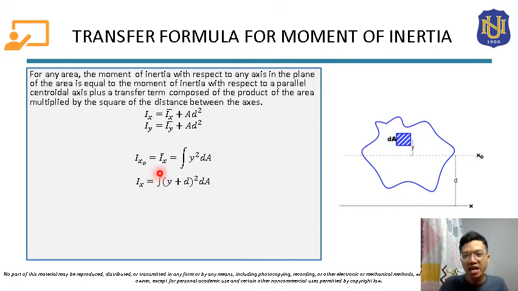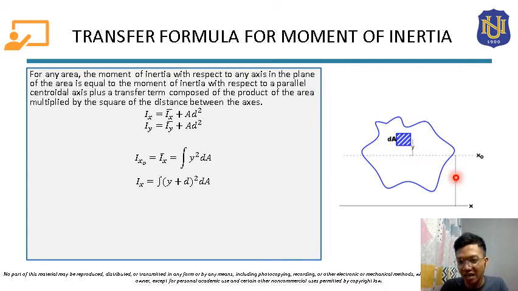This will just be the integral of the moment arm. What will be the moment arm of this area? If we measure the distance from the centroid of this differential area to the centroidal axis, it will be y. So we will just name it as y.